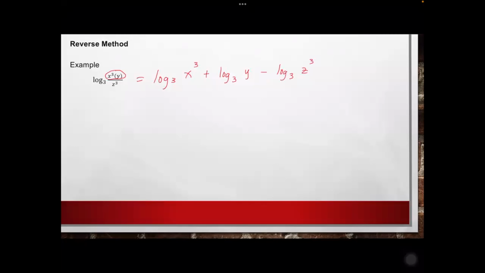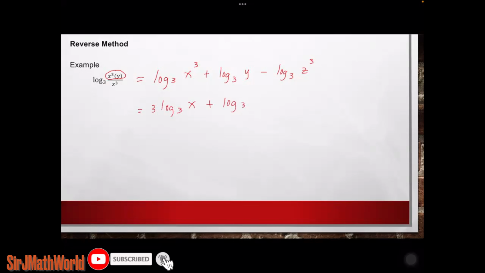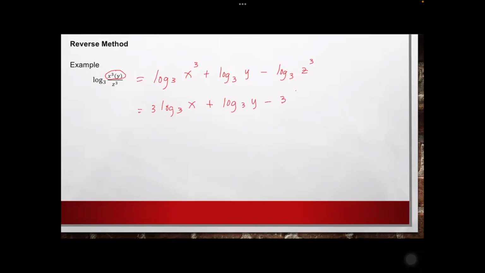Balikan pala natin itong una. Nakalimutan ko. Kalimutan natin yung ating property. May power property nga pala ito. So, ibaba natin siya. This will be 3 log 3 then x plus logarithm of 3y minus 3 tapos logarithm of 3 then say.